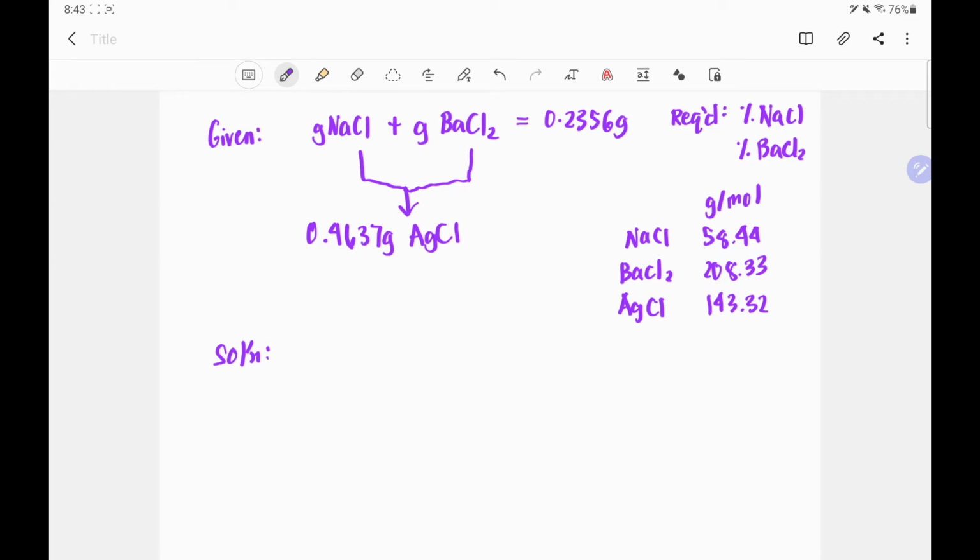Again, we have two unknowns, the grams of sodium chloride and the grams of barium chloride. So it makes sense to have that as our first linear equation. So let's just copy that. Let's call this equation 1.